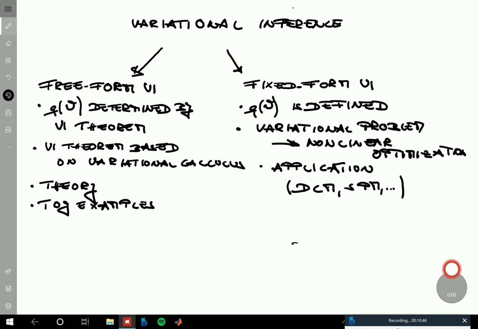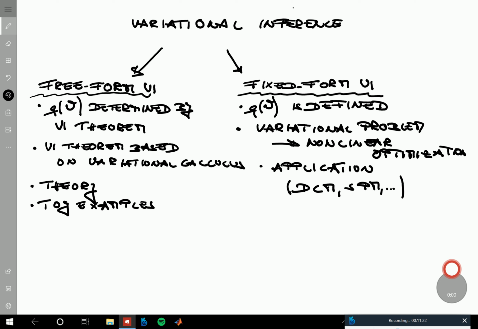Free-form is nice, fairly theory and math heavy, interesting, and goes to the roots of where this is all coming from. Fixed form is more application heavy, not that theoretically grounded, but something that can be used in all sorts of things, for all sorts of problems.